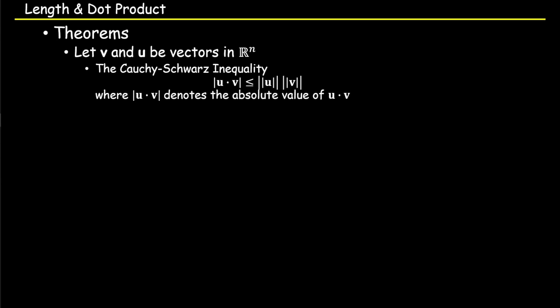The next theorem is the triangle inequality, and this is telling us that the length of the sum of two vectors will always be less than or equal to the sum of the length of each vector.